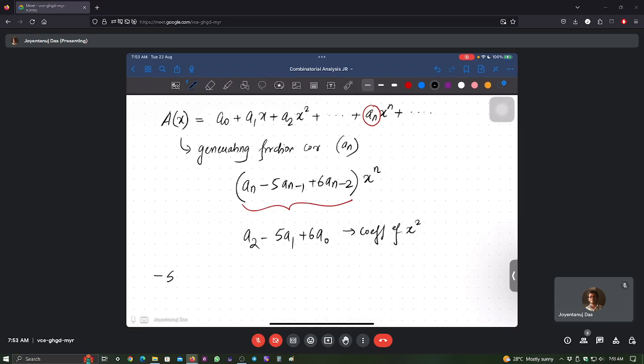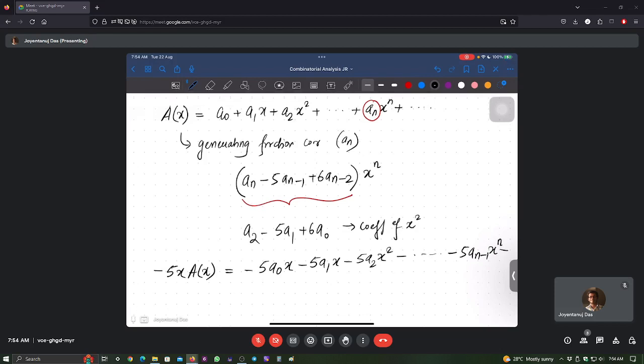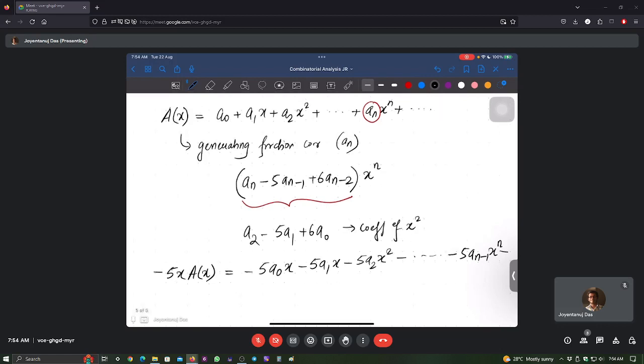Yes, and then we shift the second term. Wait, shouldn't this be -5 a0 x minus 5 A(x) x squared?